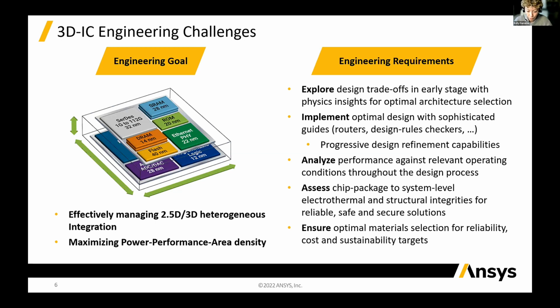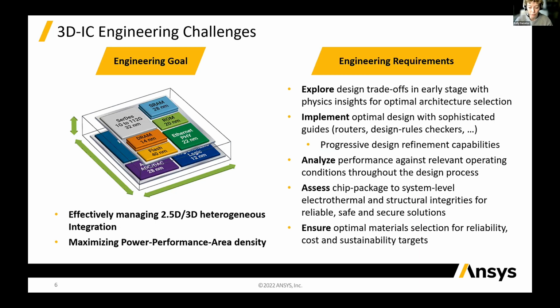There are lots of new multiphysics effects that need to be considered. Performance analysis should also start as early as possible and continue throughout the design process. Thermal and structural integrity become very critical parameters for the decision-making process, in how they decide to split the functionality between different chiplets.